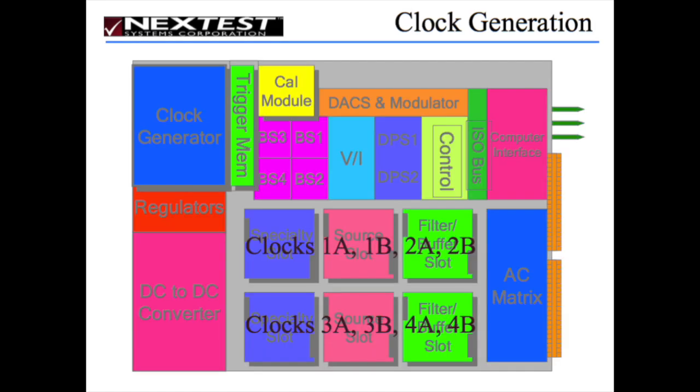Those clocks go to the instruments in the instrument slots, which on the MSPC board, the upper ones are clocks 1A, 1B, 2A, and 2B, and the lower slots are clocks 3A, 3B, 4A, and 4B.